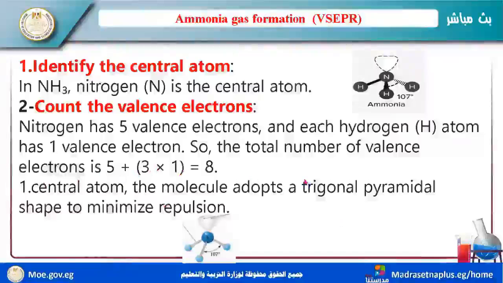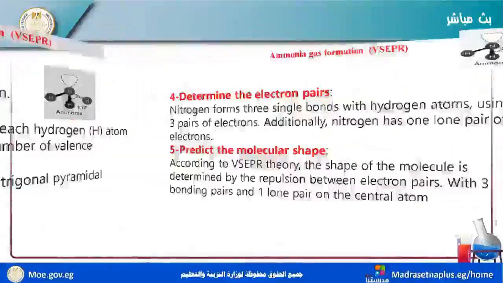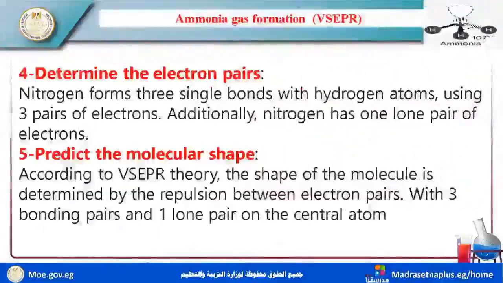Central atom. The molecule adopts the trigonal pyramidal shape to minimize repulsion forces between them. Now in NH3, we have a lone pair in this position, and this angle is 107 degrees in ammonia gas. Now we must know the determination of electron pairs.